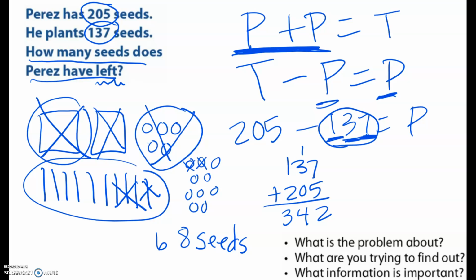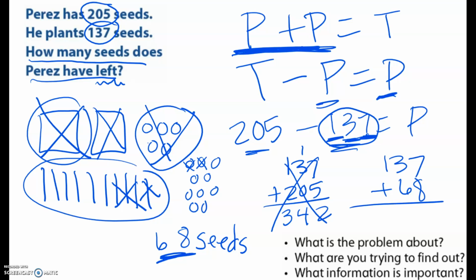So we need to think about this and think, uh-oh, I didn't add my two parts like I said I would. I added my total and my part. So I need to try it again, and I need to add 137 plus my answer over here, which is my other part. So I'm going to add those together. 15, regroup my 1. Then I have 10, regroup my 100.